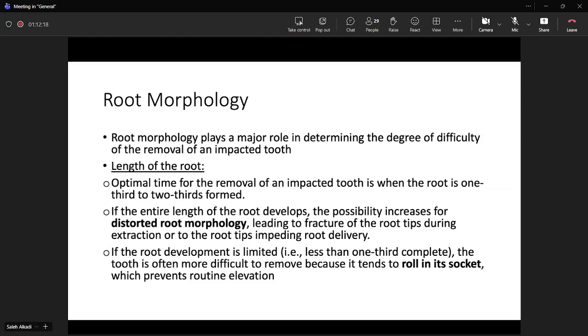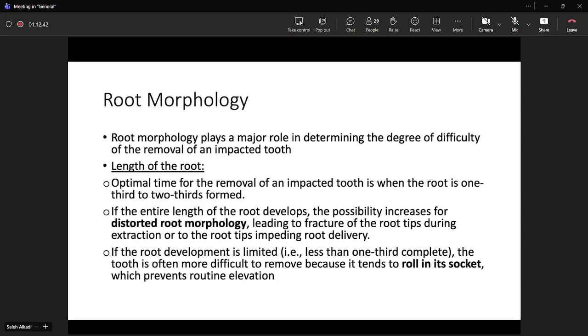Distorted root morphology will create difficulty later on. That's why root morphology is an important factor to consider when assessing wisdom teeth for difficulty of extraction. Also, if you look at the other side, if the root development is limited, less than 1/3 complete, then it's also difficult to remove this tooth because you can't have a point of application.